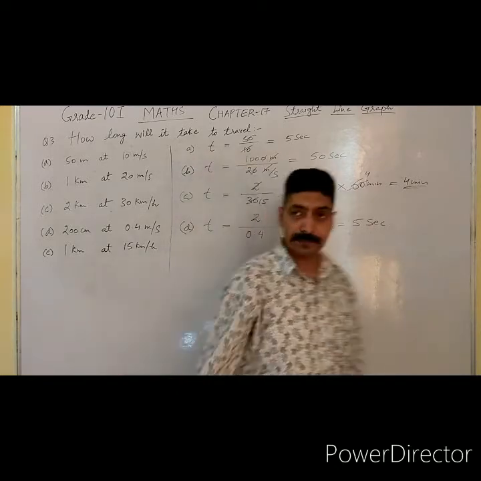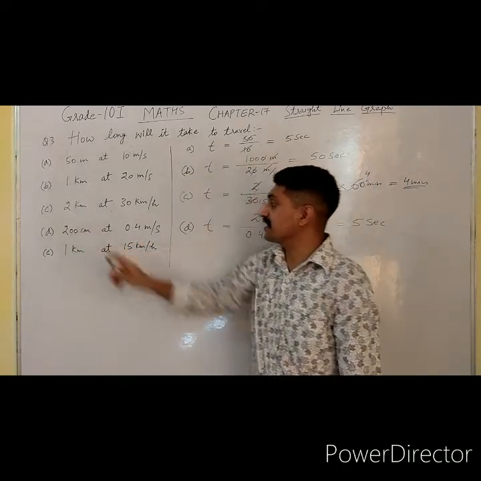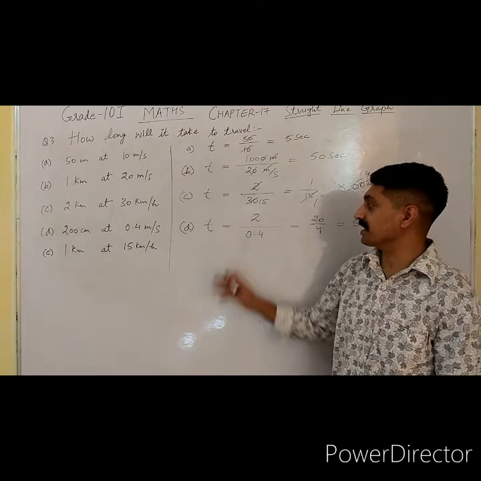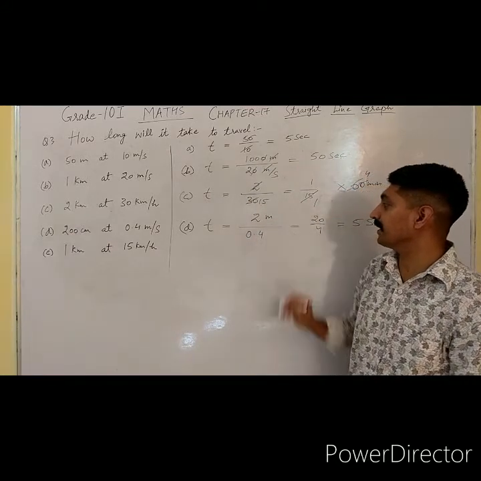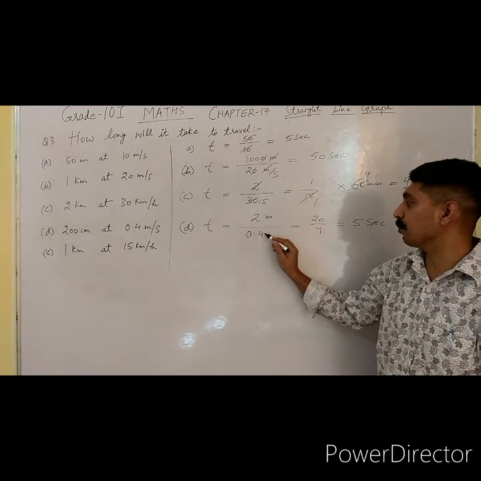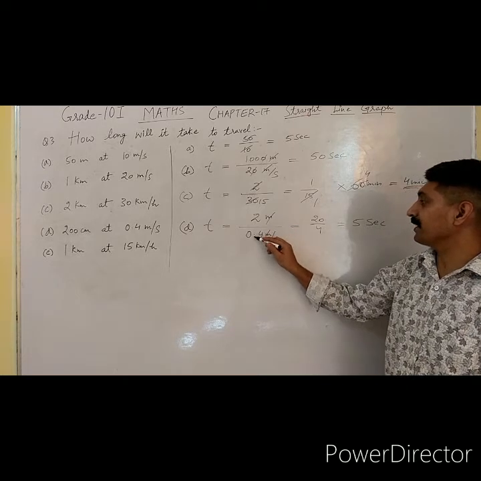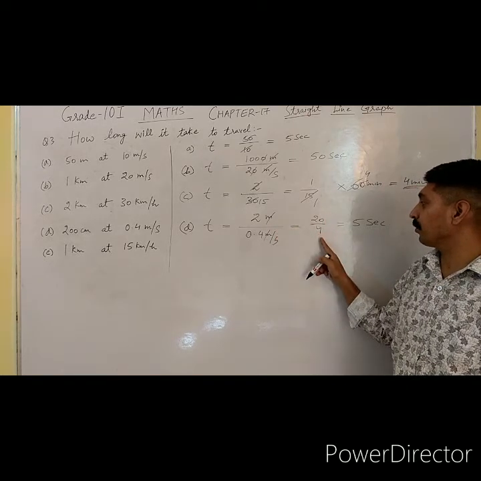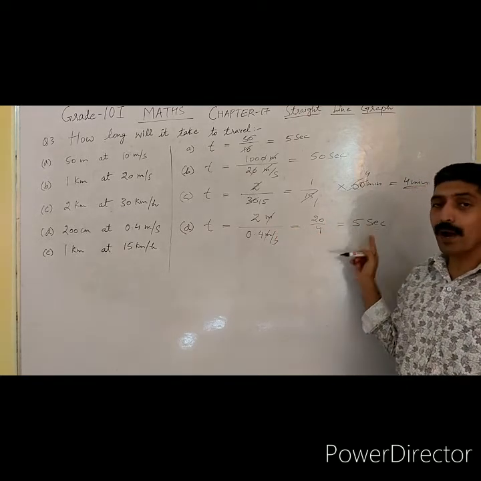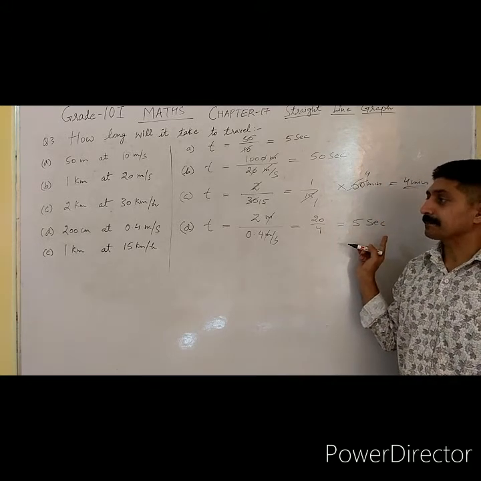So I hope you got it that here the distance is 200 centimeters, which is equal to 2 meters, and the speed of the object is 0.4 meter per second. Removing the decimal, we have 20 upon 4. So the required time is 5 seconds.